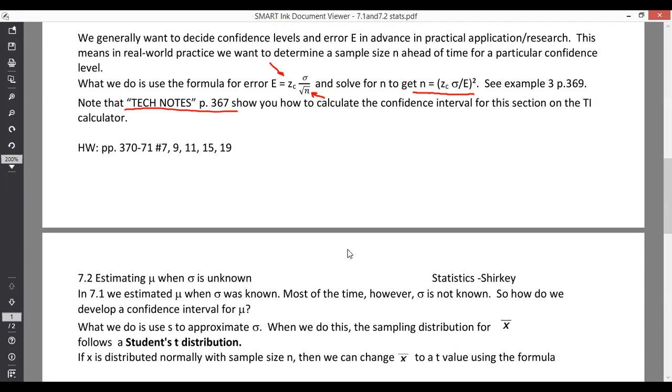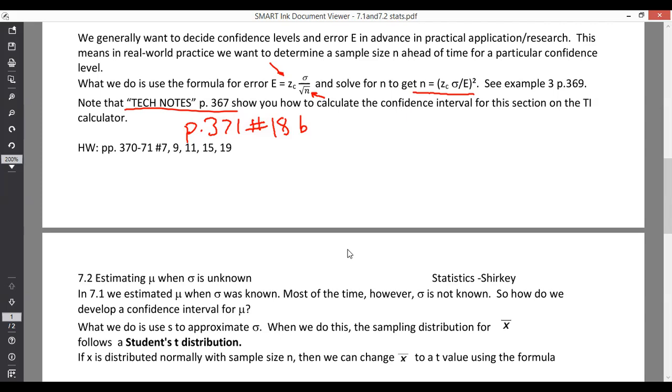Tech notes on page 367 show you what I just showed you on how to calculate it on the graphing calculator. So what I want to do is we'll do the sample size for problem 18. So this is problem number 18 in this section. It's part B. And again, this is page 371. All right. So if you will remember, well, if not, I'm going to write it anyway. Hold on. We don't need X bar for this. Where's my information?